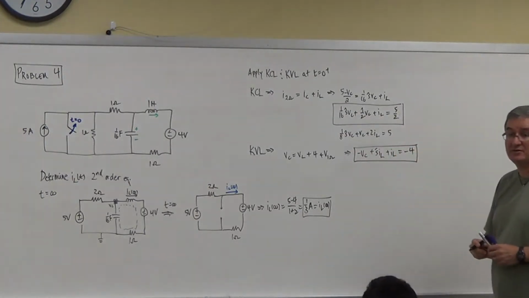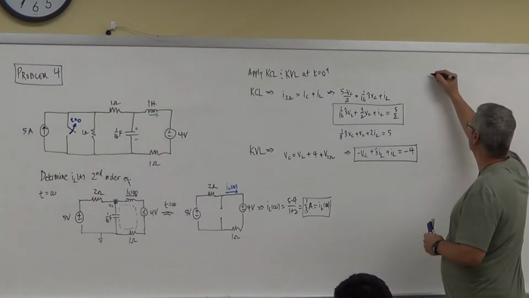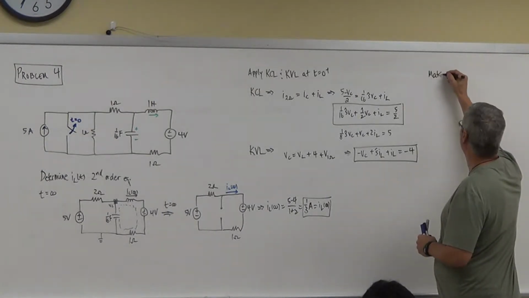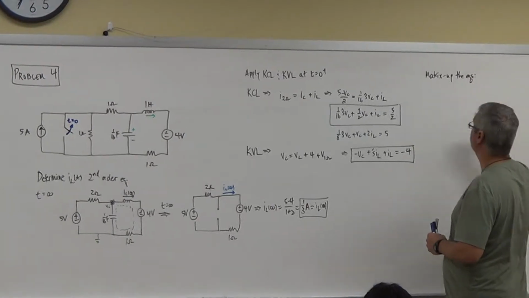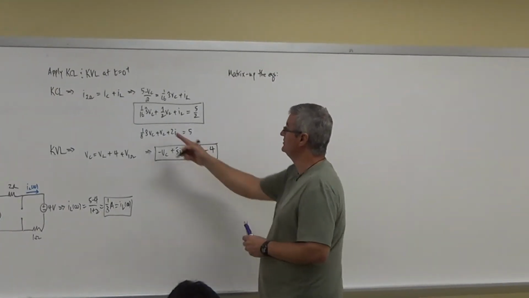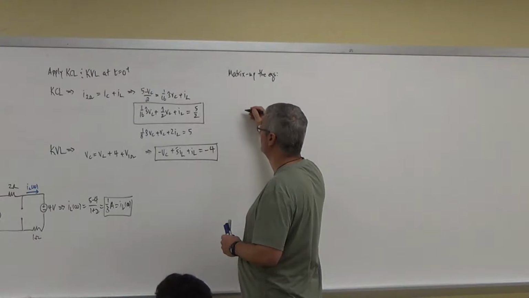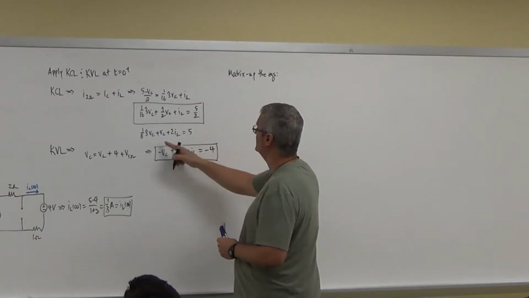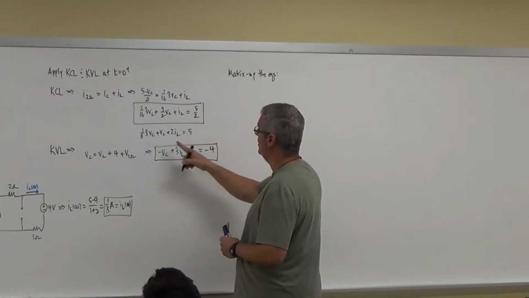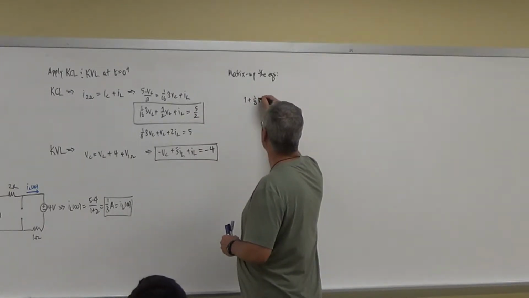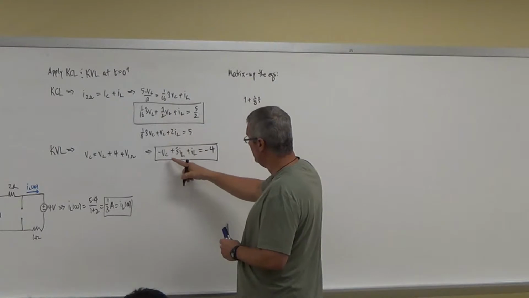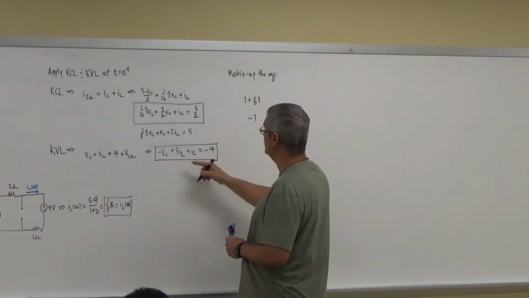So now I'm going to matrix up the equations. Since this is the first one I see here, it's this guy. So I'm going to go 1 plus 1/8 S hat, going straight down, minus 1, and I go to the i's.